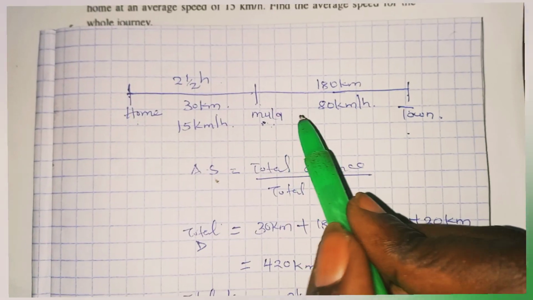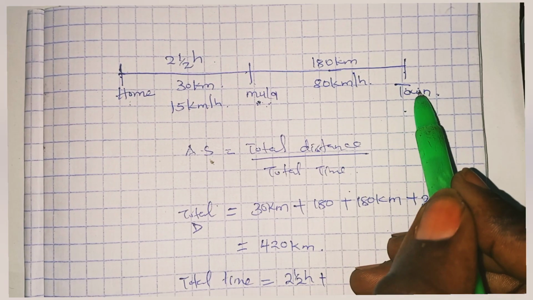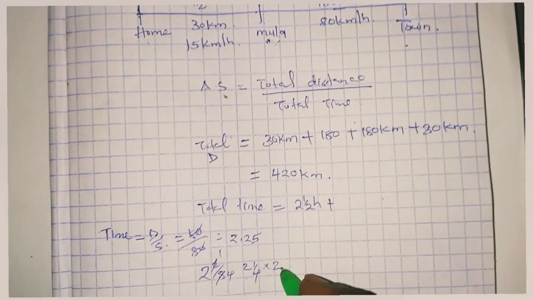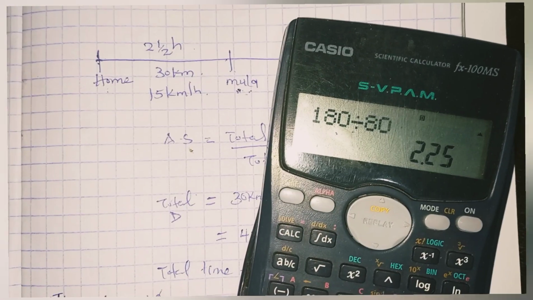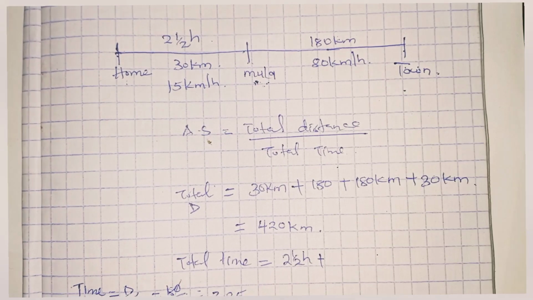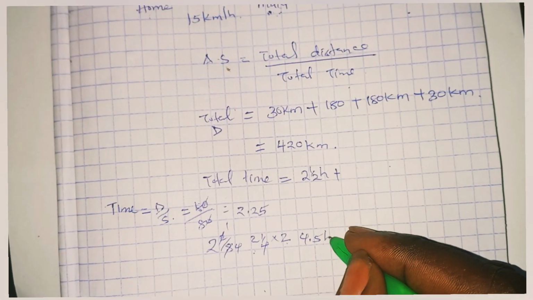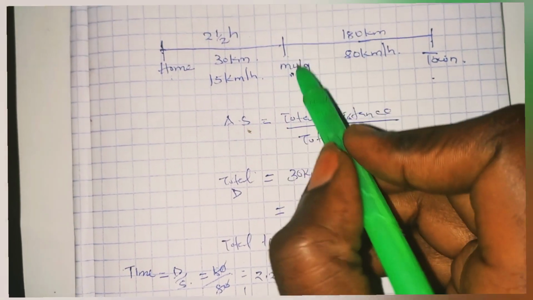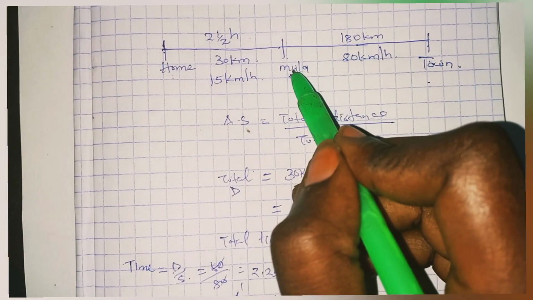That is the time that was taken from Mula to town. Remember, from Mula to town, from town back to Mula. So we are going to multiply this time by 2. If we multiply this time by 2 there, we'll get 4.5 hours. So we'll add 4.5 hours here, because that is the time that was taken from Mula to town and from town back to Mula.